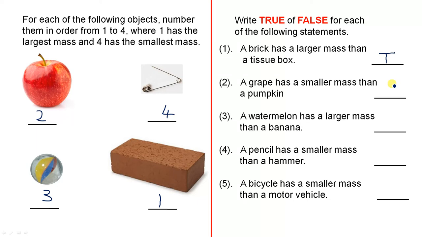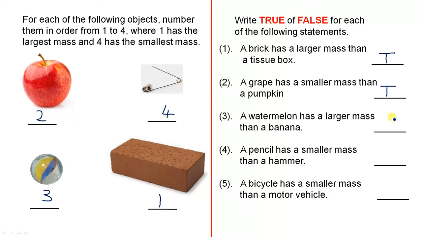A grape has a smaller mass than a pumpkin. So if you put one of those in each hand, you will see that that is true. A watermelon has a larger mass than a banana. Same again.